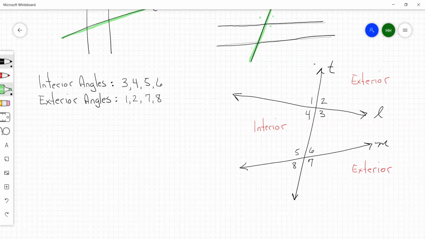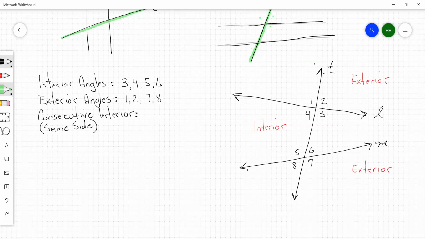Then we've got angles that are called consecutive interior. Consecutive means same side, same side of the transversal.